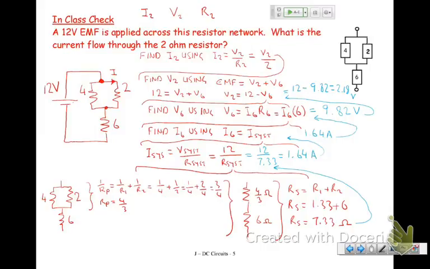And then that goes here, and that equals 2.18 over 2, which equals 1.09 amps. There we have it.